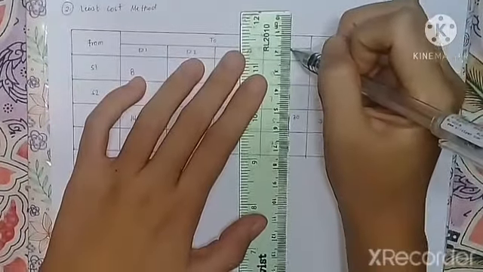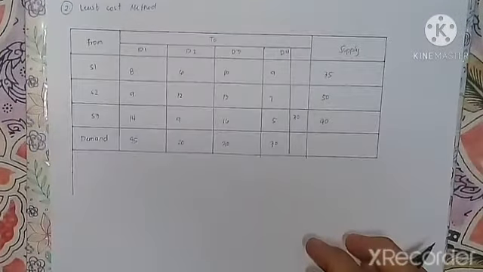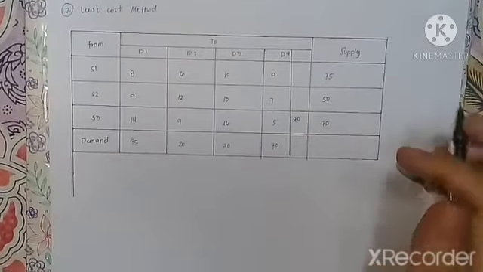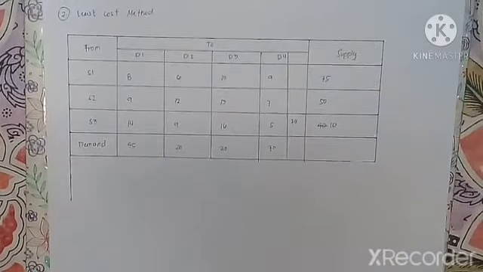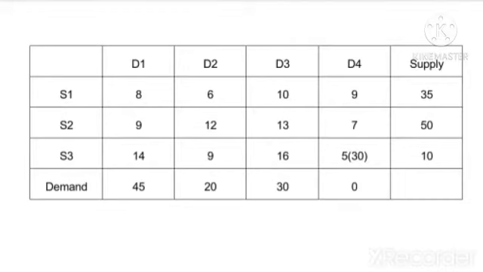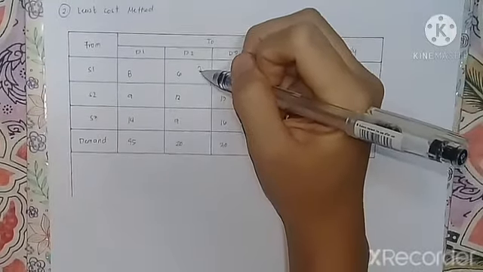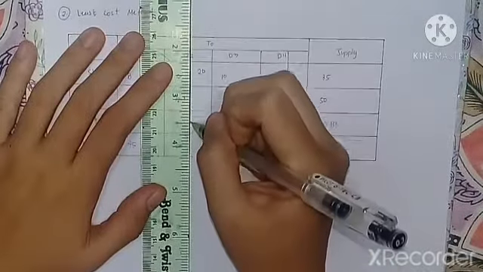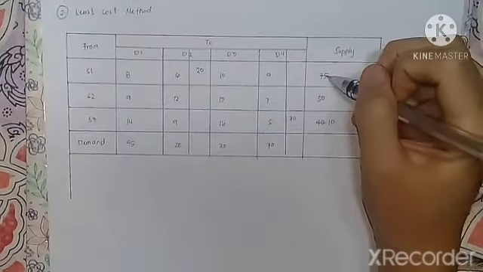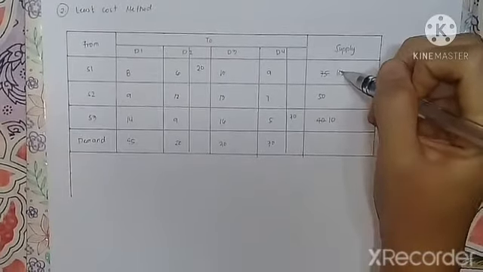This satisfies the entire demand of D4 and leaves 40 minus 30 equals 10 units with S3. The next least value is in cell S1 and D2, where the demand is 20 and the supply is 35. The allocation to this cell is 20. This satisfies the entire demand of D2 and leaves 35 minus 20 equals 15.